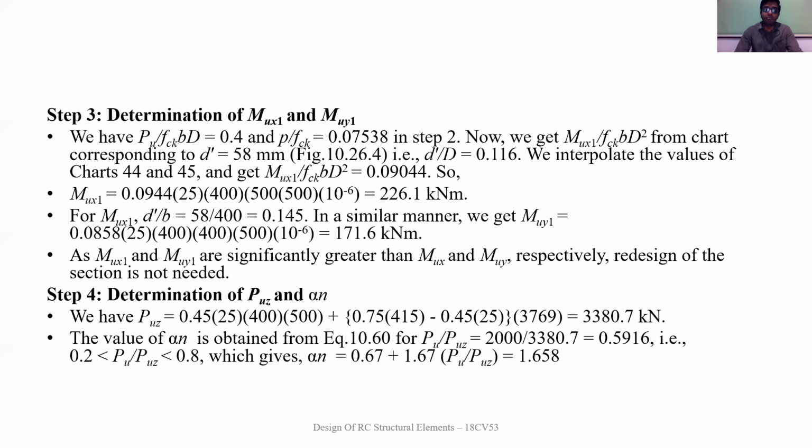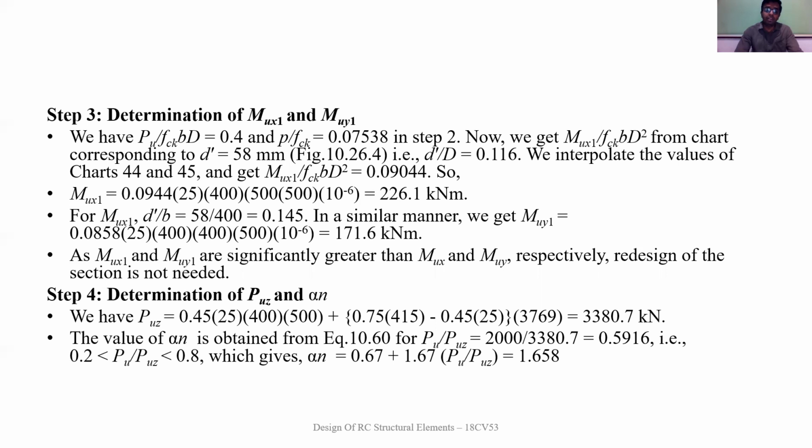So we interpolate the values of charts 44 and 45 of SP16 and get Mux1 by fck bD square as 0.09044, where the Mux1 will be 226.1 kilonewton meter.